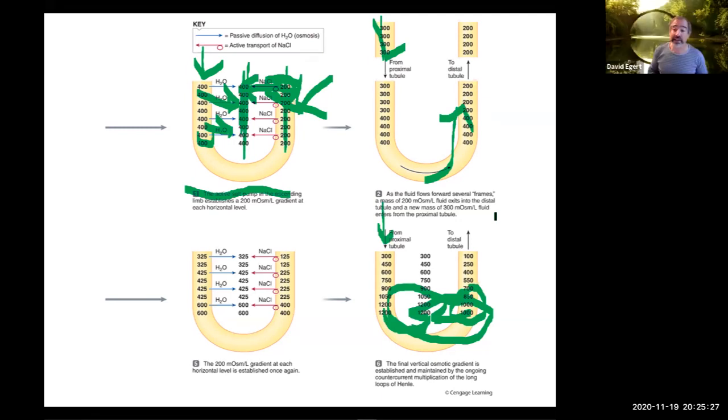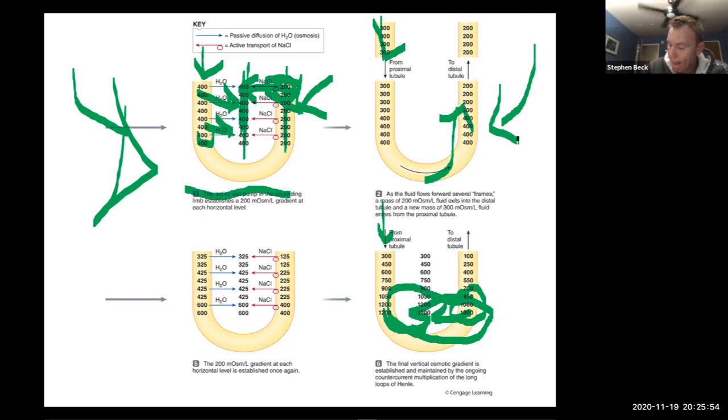Yeah, you have to. And on your exam, I'm not going to hold you accountable to the details of this. You should know that the properties of the loop of Henle are responsible for creating and maintaining that gradient, but don't worry too much about making sure you can reproduce this explanation.